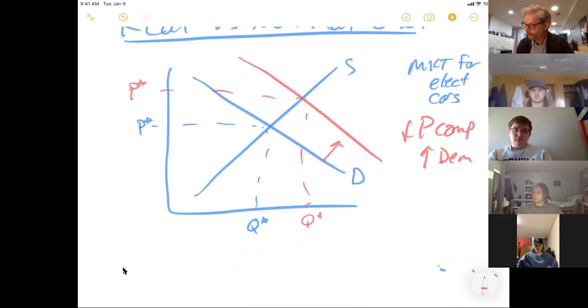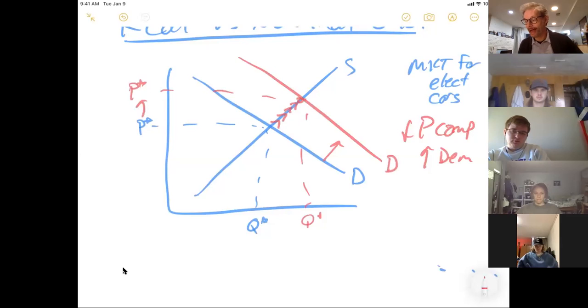Okay. Let me talk about one common mistake here. A few of you had demand shifting, but then you also had supply shifting. And unless you explain that in some way, supply should not shift, right? Now notice there's a movement along our supply curve, right? As the price rises, we move along our supply curve.